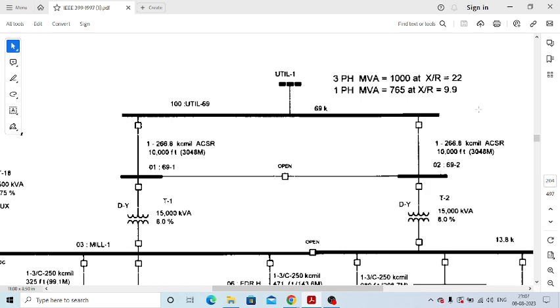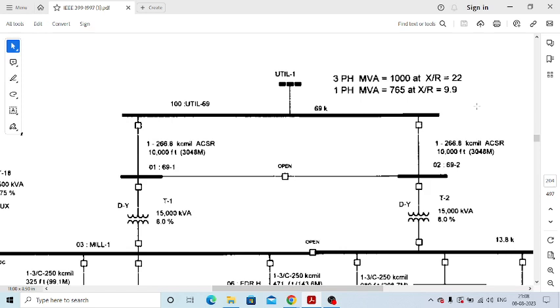This is also a typical interview question: what is the importance of X by R ratio in a power system? Please note it down and remember it. The first one is that the asymmetrical peak fault current depends on the X by R ratio.